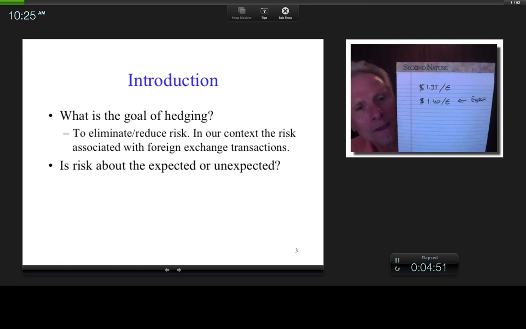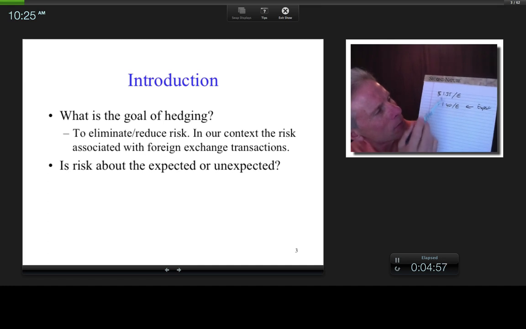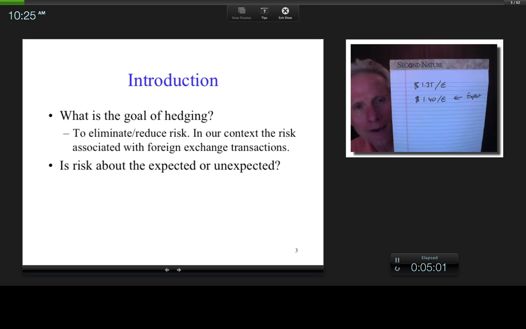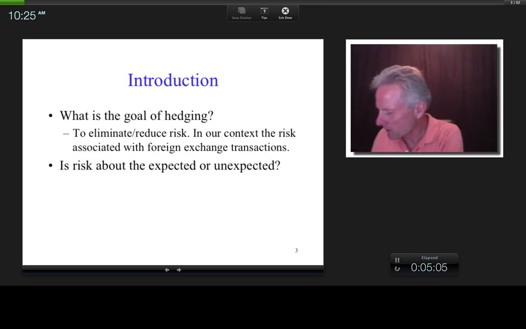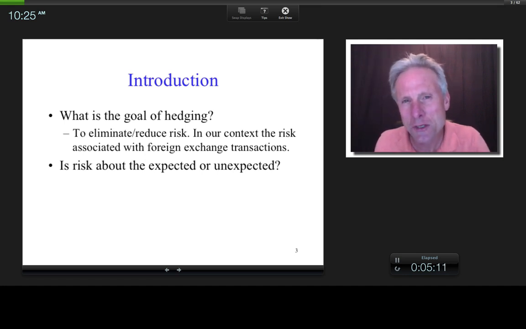So when it comes to hedging, is hedging going to eliminate this difference, the difference between the $1.40 and the $1.35? It's not, right? Because that's what's expected. But suppose the actual exchange rate, would it be a huge coincidence if the actual exchange rate was the same as the expected exchange rate 3 months down the road?